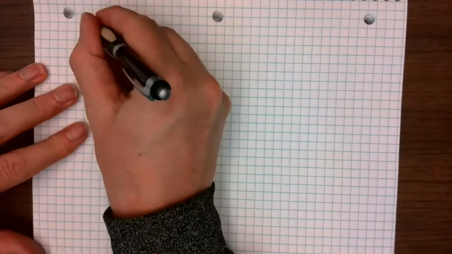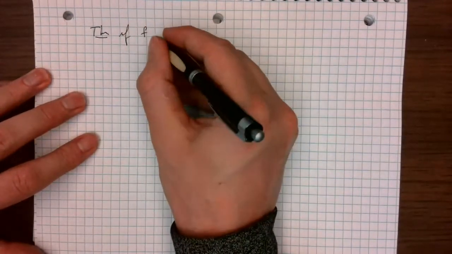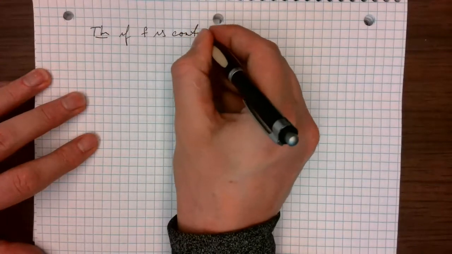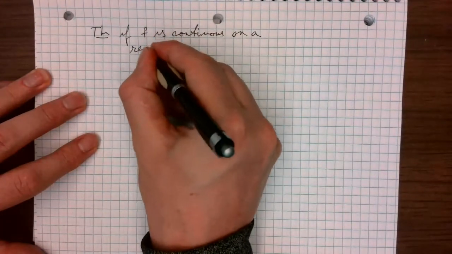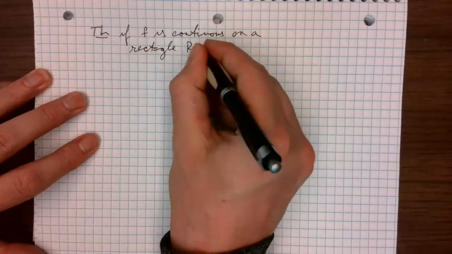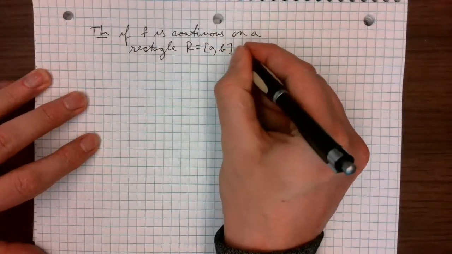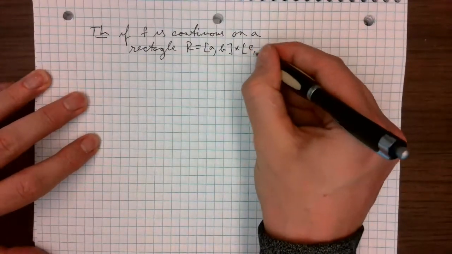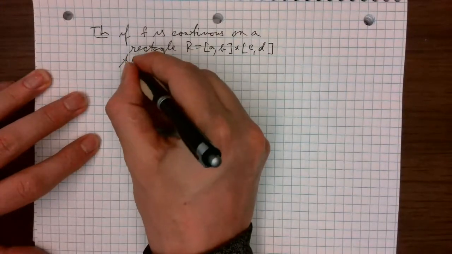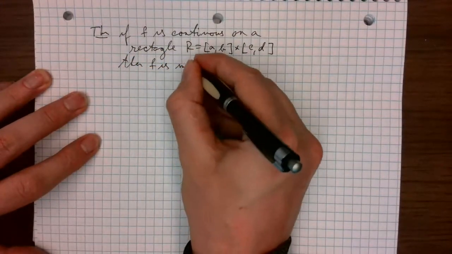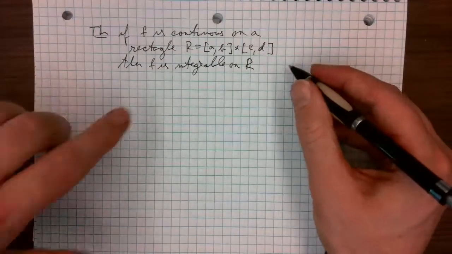So there's a theorem: if f is continuous on a rectangle R, which should really be given by closed intervals, then f is integrable on R. And what does this mean?